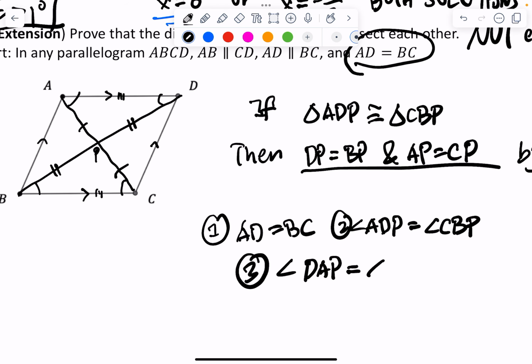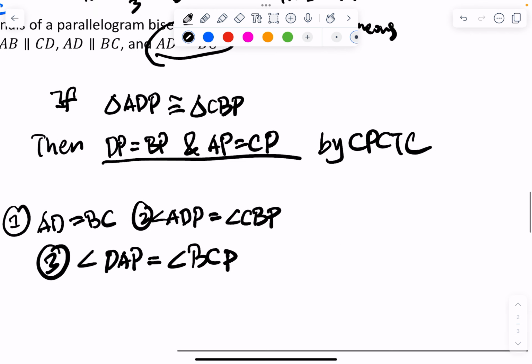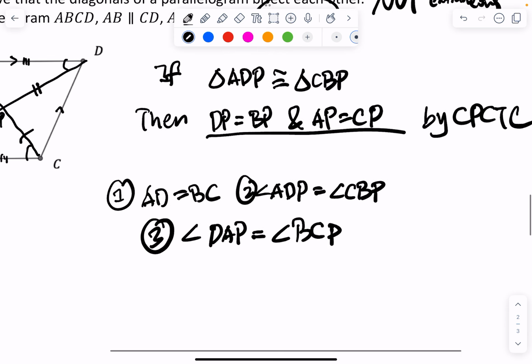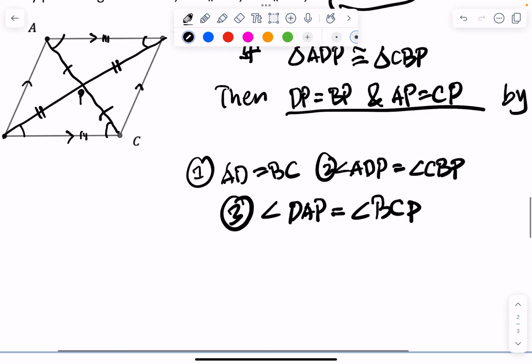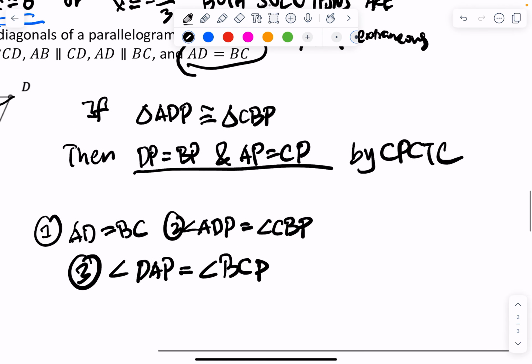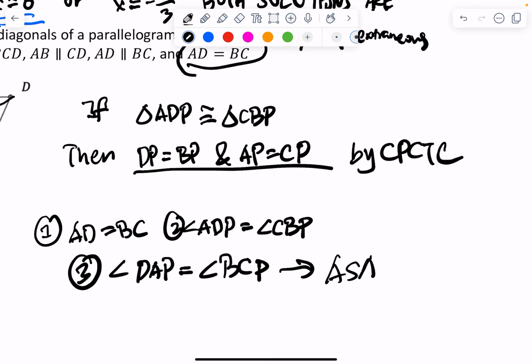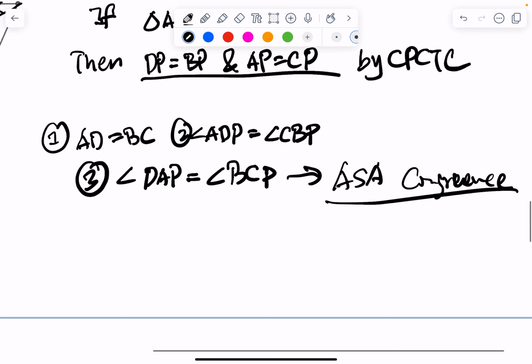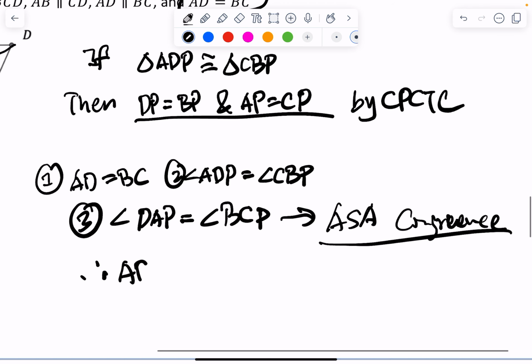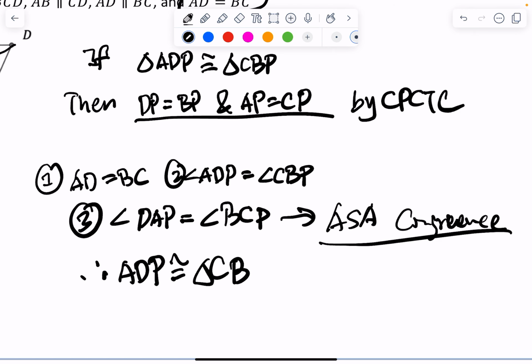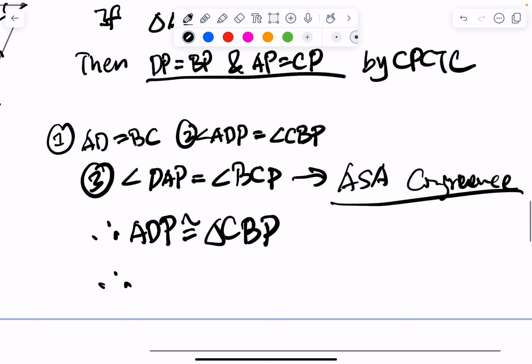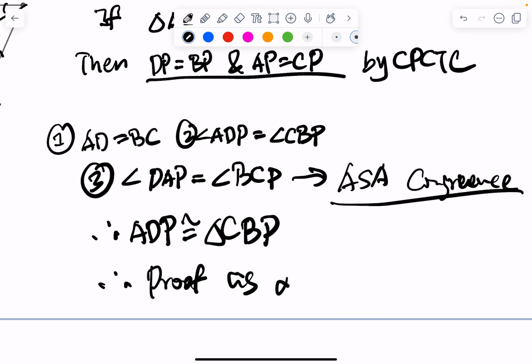DAP is equal to angle BCP. And this is actually already enough to prove our triangle congruence, because this is just ASA. So as a result, ADP is congruent to CBP, and as a result, proof as desired. After every geometry proof, or after any proof, you always draw this small rectangle.